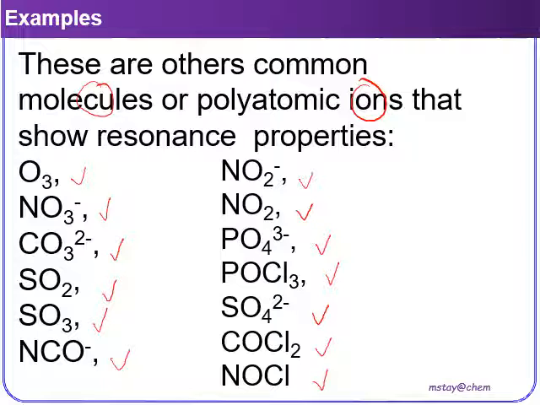Okay, just a reminder again, this is just part of the common molecules, and from all these molecules, we can notice that most of the compounds that can show resonance structure consist of oxygen.